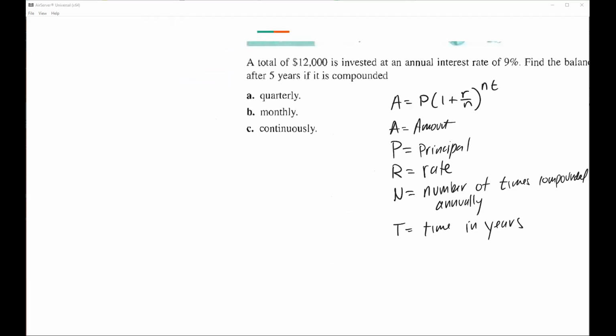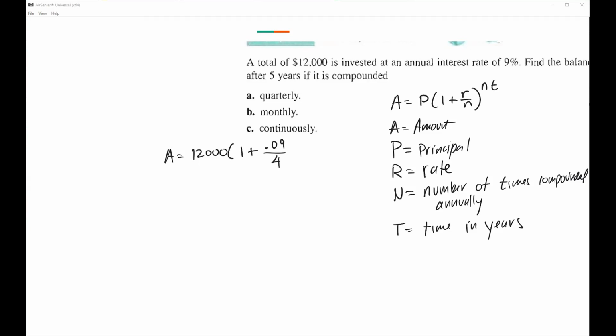We have A is the amount, right? P is the 12,000. 1 plus R, the rate, which is 9%. How do we put 9% in a decimal? 0.09. Over, if it's quarterly, how many times a year is that? 4 times, right? 4 quarters.